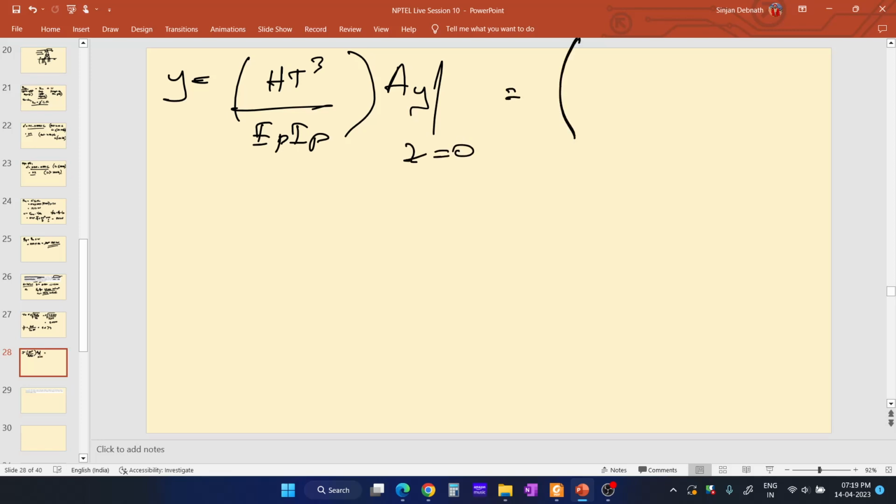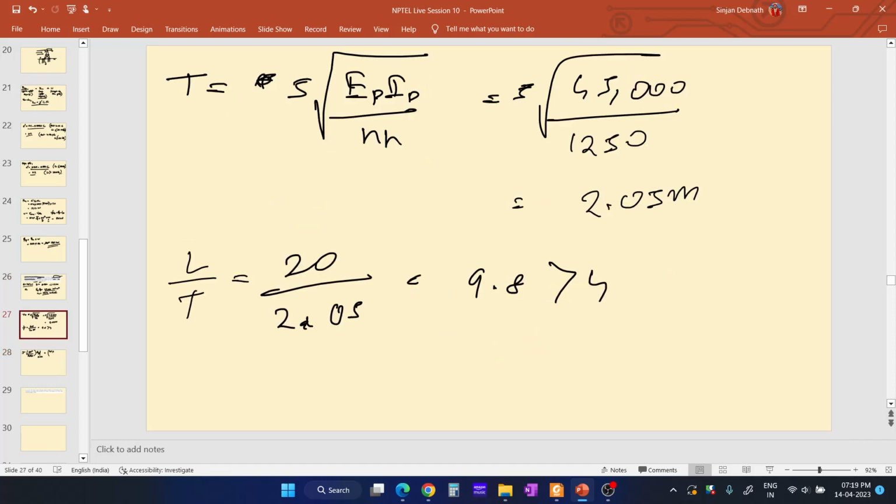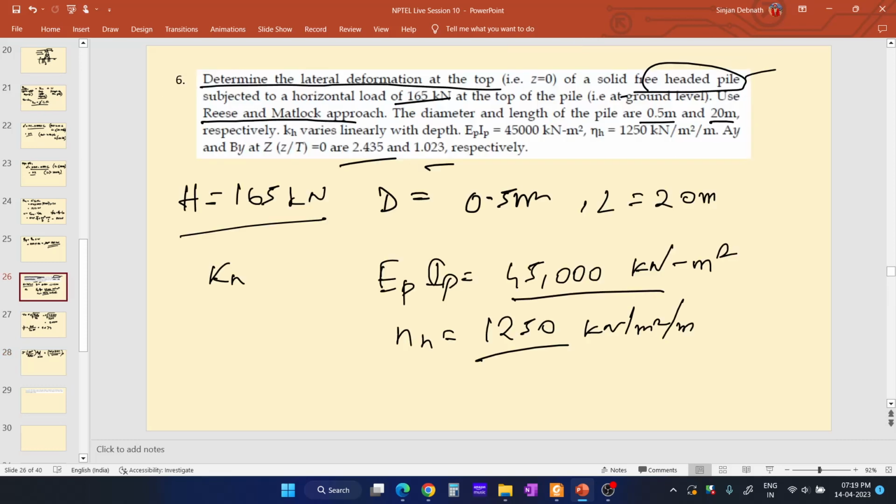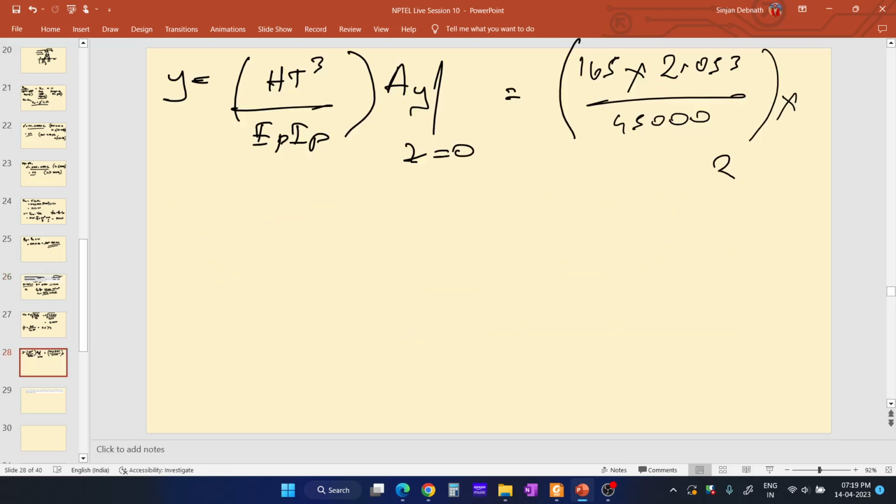The horizontal load H is 165 kilonewton, T is 2.05 cubed, EpIp is 48,000, and the coefficient AY is around 2.435. Now, if you calculate this, you will get the lateral deformation, which is 77 millimeter. So the lateral deformation of the free-headed pile is 77 millimeter.